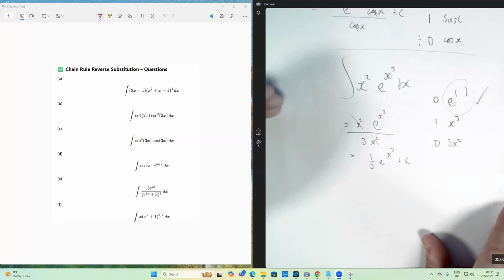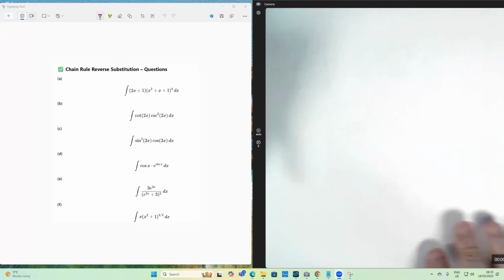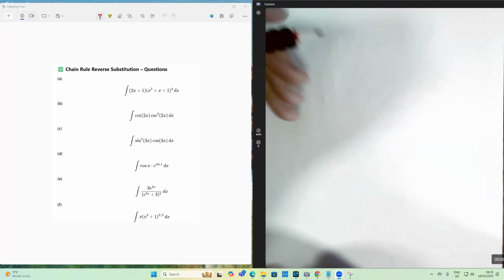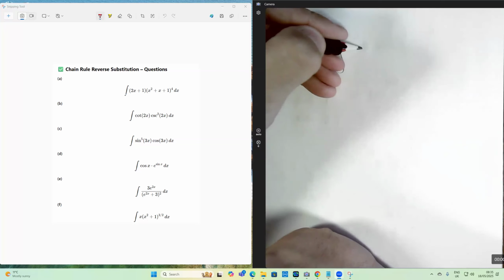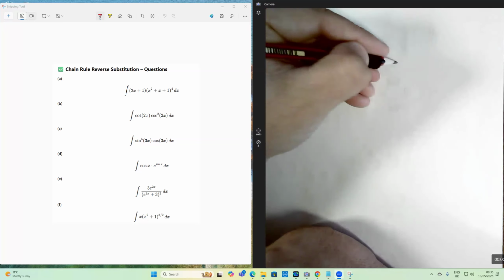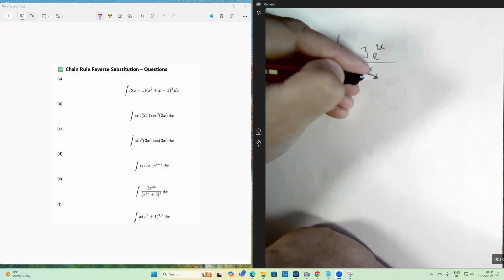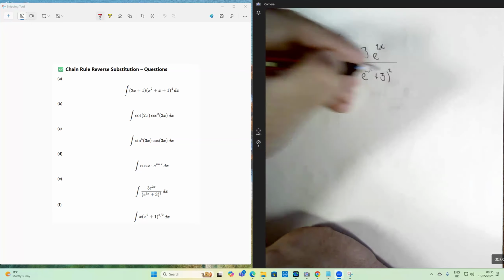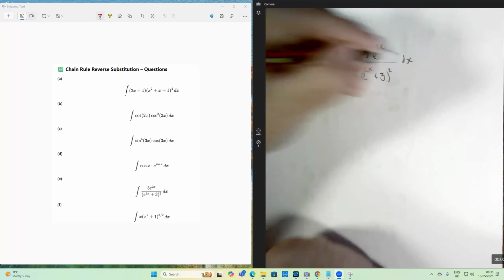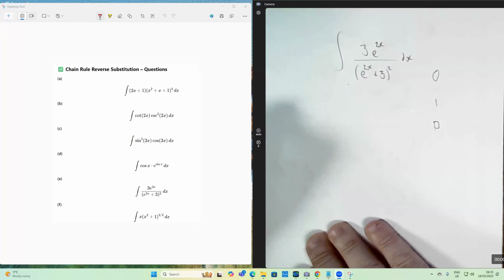Let's do another one. Let's do e. Okay, e, here we go. The integral of 3e to the 2x over e to the 2x add 3 all squared dx. Okay, so I'm going to have my outer, my inner, and my derivative.